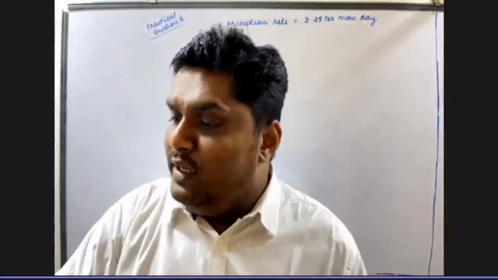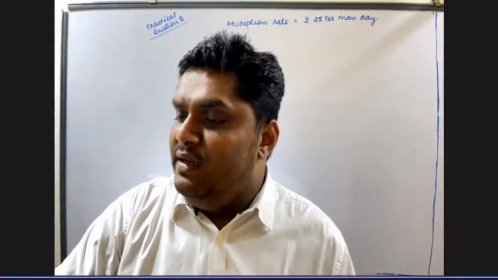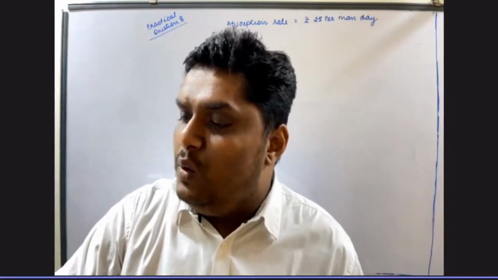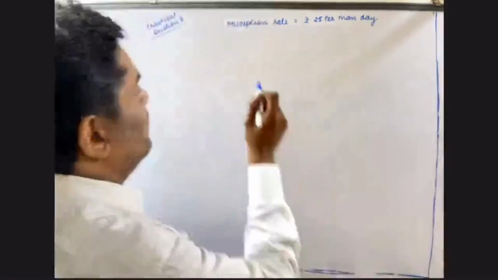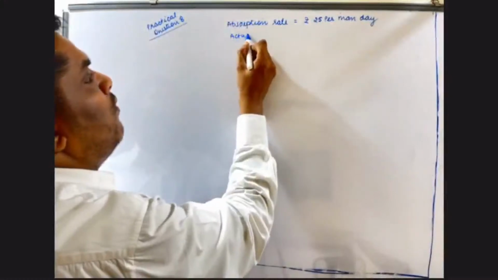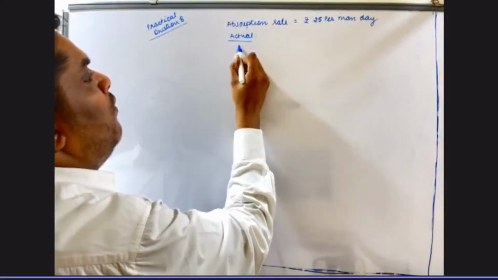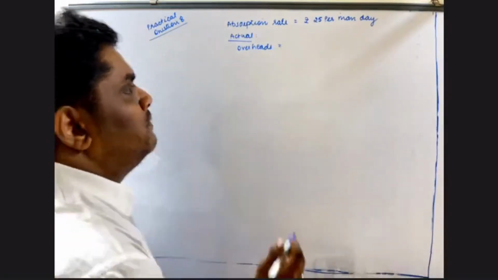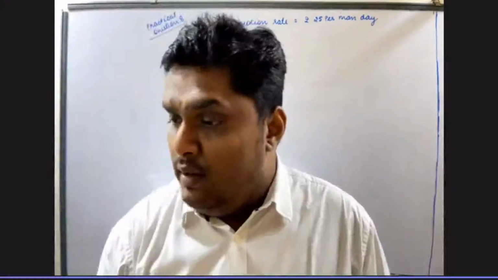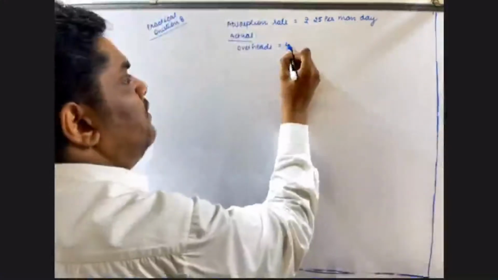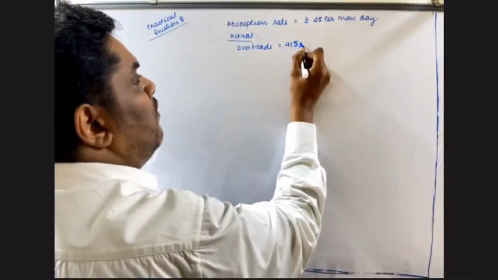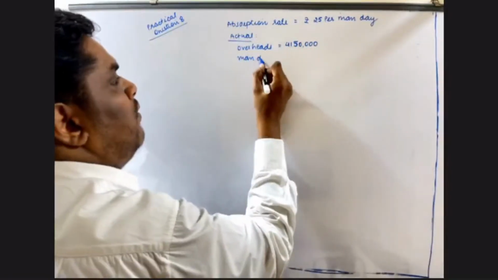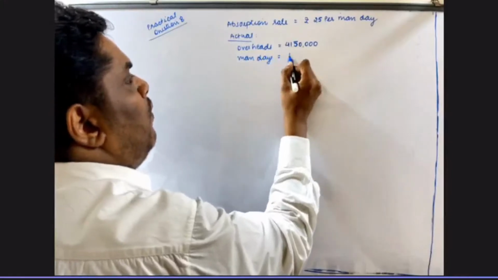Further, the total factory overhead expenses incurred is 41,50,000 and the man days actually worked are 1,50,000. So actual overheads are 41,50,000 and man days 1,50,000.